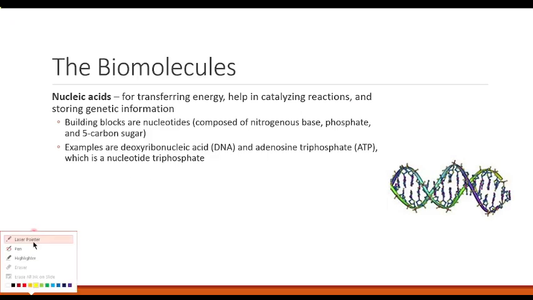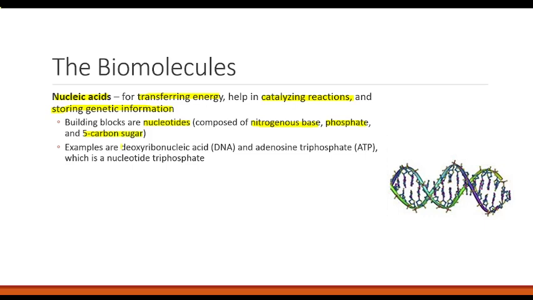The third component or biomolecule is the nucleic acid. Nucleic acids are for transferring energy, helping in catalyzing reactions, and storing genetic information. Nucleic acids, being polymers, have the monomer nucleotides. These are composed of a nitrogenous base, a phosphate, and a 5-carbon sugar.